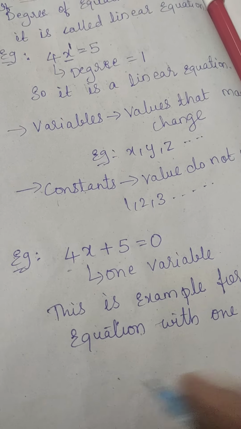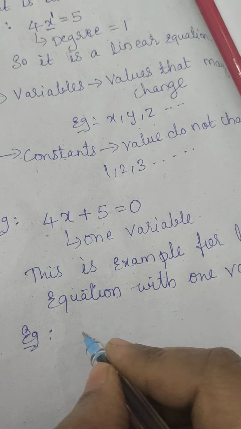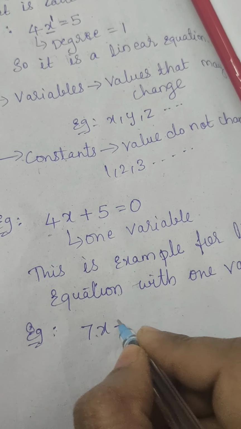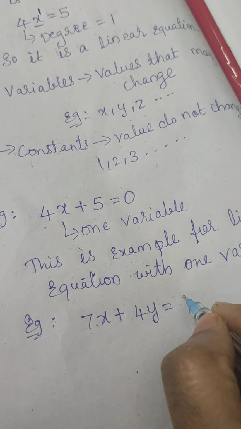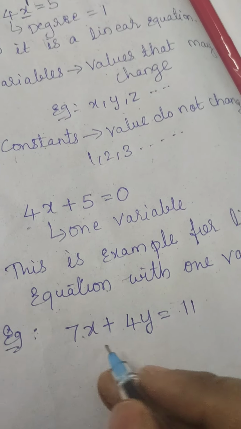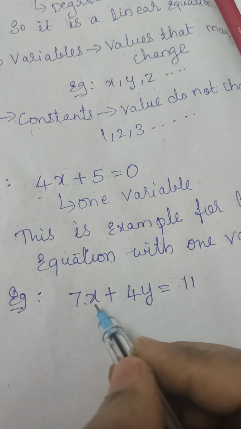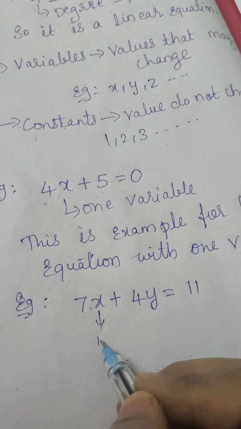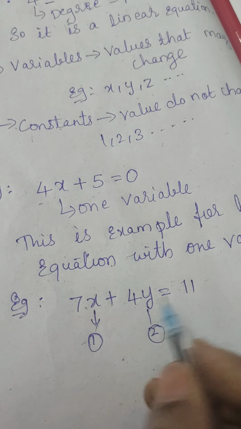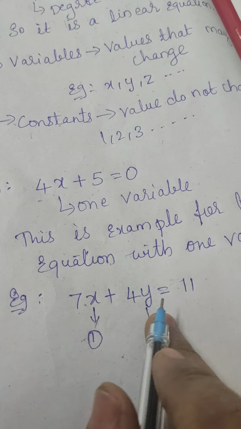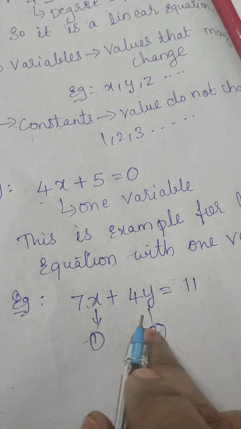Now one more example I want to take. Say 7x plus 4y is equal to 11. Now how many variables does this equation have? It is having 1 and 2, two variables. So this is not an example for a linear equation with one variable.